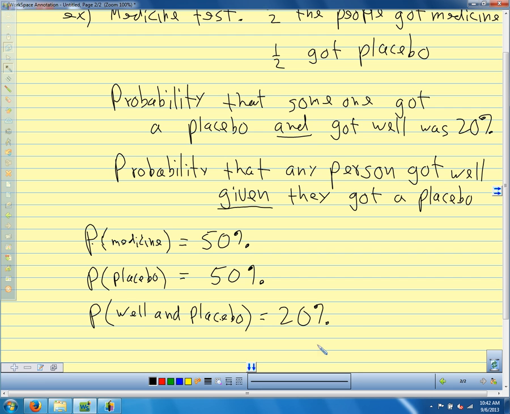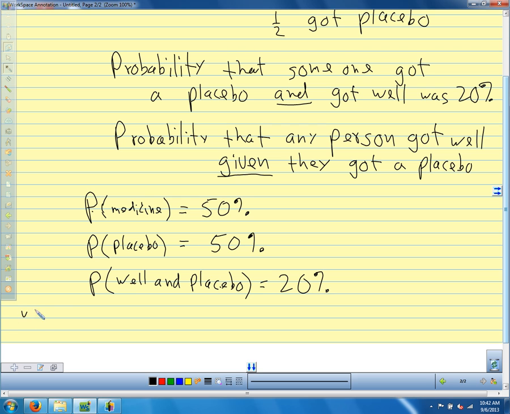So what we are looking for is the probability of well given that they got the placebo.